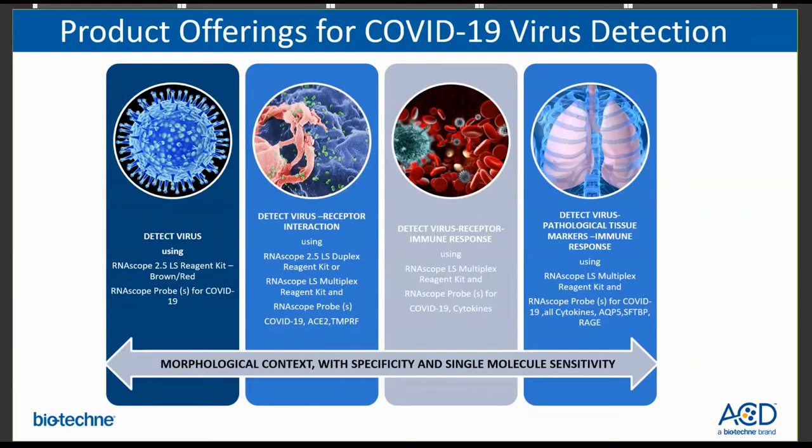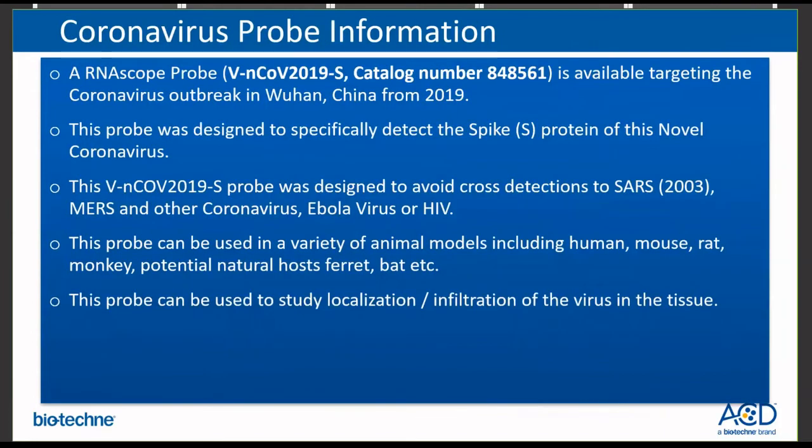And lastly, for a lot of the tissues affected by this infection, researchers were studying histopathological markers, so you can also visualize these pathological tissue markers as a response to the infection. So you can really cover the broad spectrum using our sensitive, specific single molecule detecting assay while giving you that morphological context.